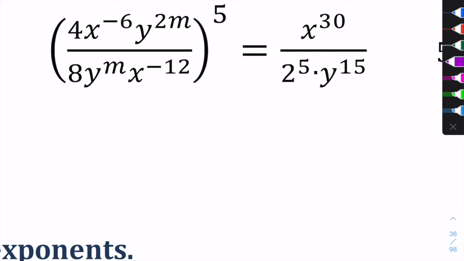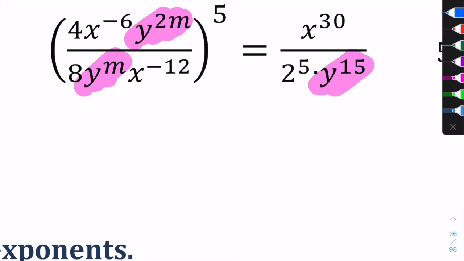Now, you might notice right away the important things that we need to focus on are the y's, because the y's have this variable m as their exponent, and m is what we're looking for in these problems. So if I just focus my attention on y to the 2m over y to the m, if I applied the quotient property to those, my answer is going to have to end up with y to the 15th on the bottom on the other side.